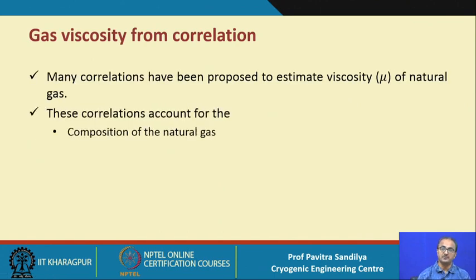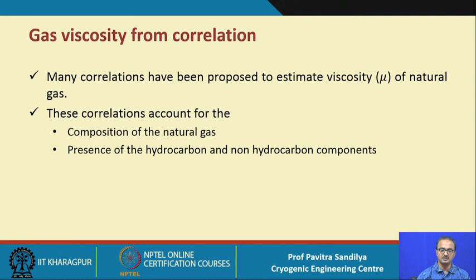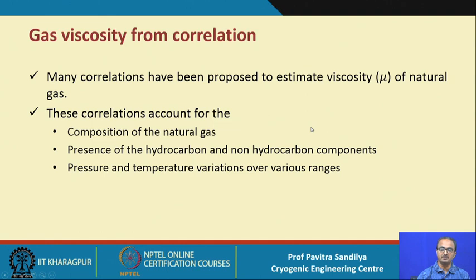Coming to another representation of viscosity, we have several correlations in the literature. Various books on natural gas give various types of correlations, and whatever they may be, there are some common points: all the correlations have the composition of the natural gas in them, and they account for the presence of both hydrocarbon and non-hydrocarbon components, and naturally they must take into account the pressure and temperature variations for different ranges.